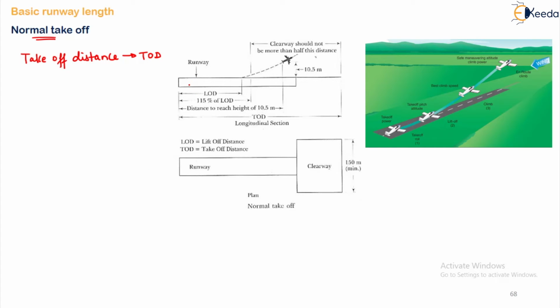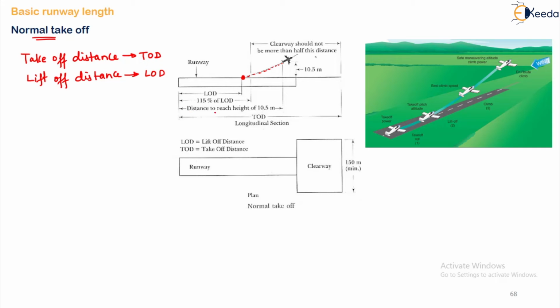Before that we will see one more thing, that is your LOD. What is LOD? LOD is your lift off distance. That is the point from where your aircraft is being lifted. Then 115% of LOD is a point here.